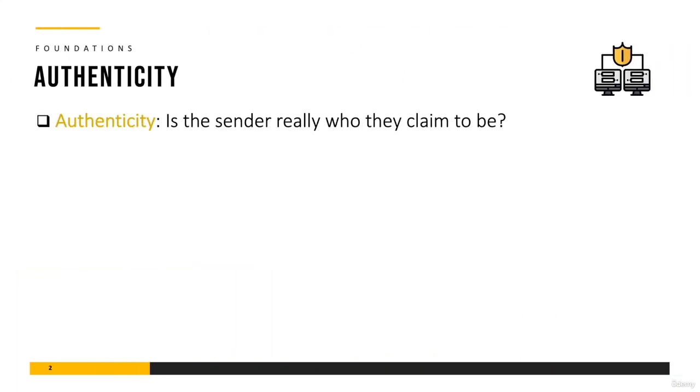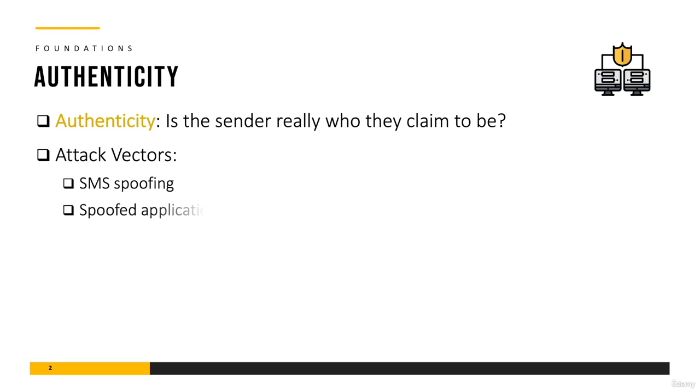So authenticity basically means that the sender who's sending you something, it could be a message, it could be a file, it could be an email, are they really the one who they claim to be? This is where attackers can spoof sources and pretend to be someone else. This is widely exploited when attackers send spoofed SMS messages to your mobile phones.